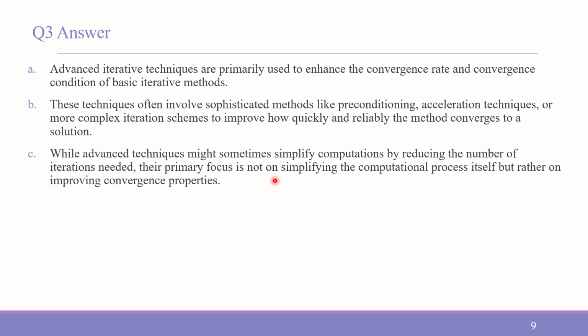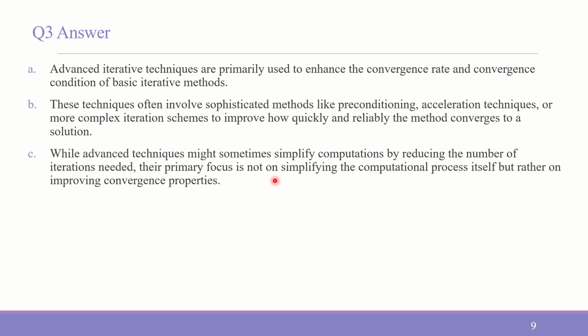It is on getting better convergence, because these algorithms will not all the time be simple. Rather, they will be more complex and complicated. So we are doing techniques like preconditioning, accelerating techniques, or more complex iteration schemes.